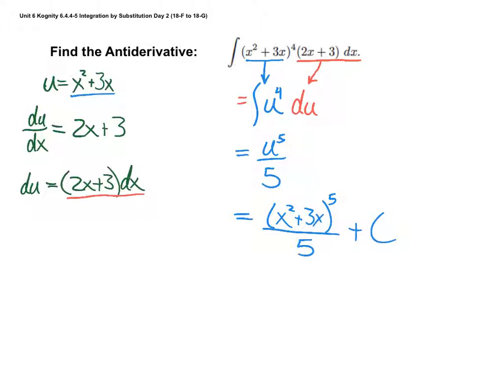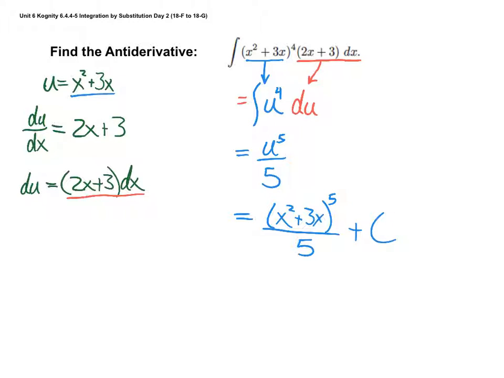Okay? So again, we look for the inner function x squared plus 3x. We take the derivative of that, and we figure out what du is. We look at the rest of the function that we're trying to take the integral of, and we recognize, hey, our du matches up with the other stuff that's left in the integral.